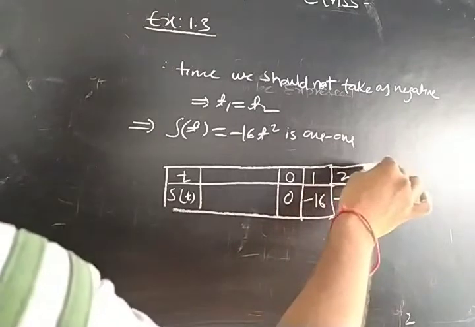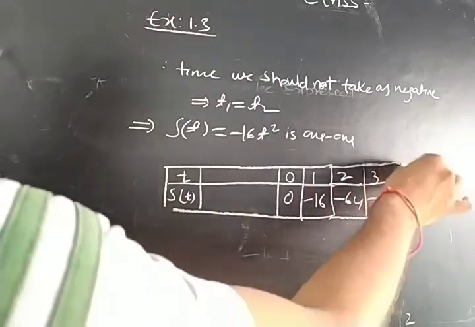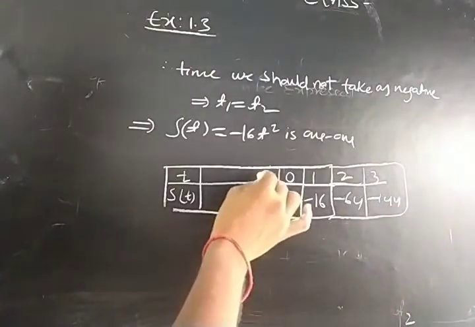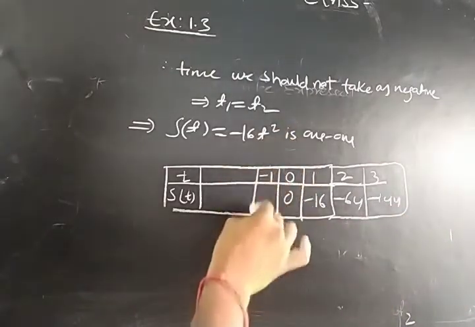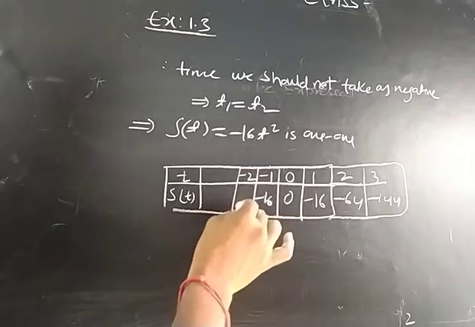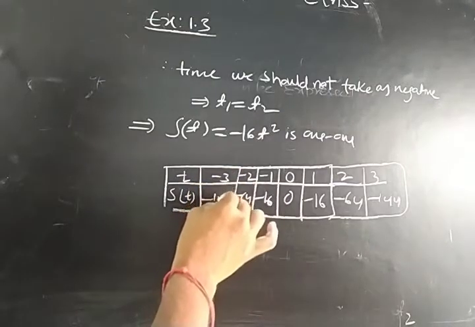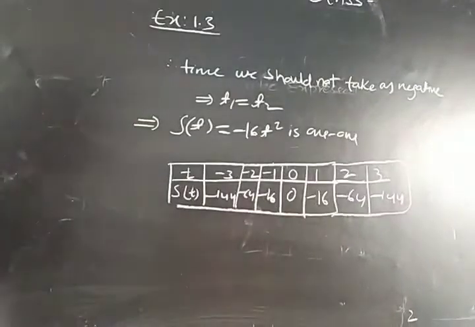Suppose I am taking 3. What you can get? Minus 144. Suppose I am taking negative, minus 1. Negative squared is again positive, so you get minus 16 again. For minus 2, the same value, minus 64. For minus 3, the same value, minus 144. So I have taken a few values here.